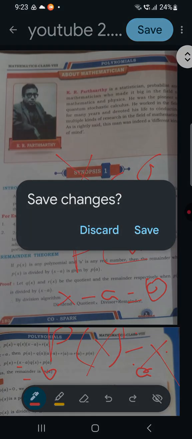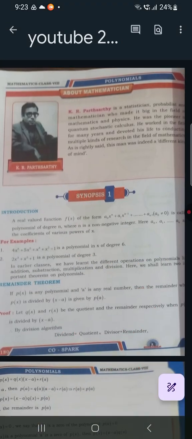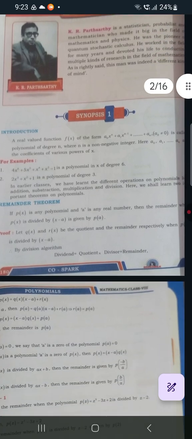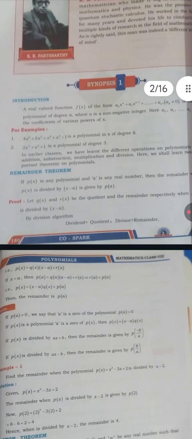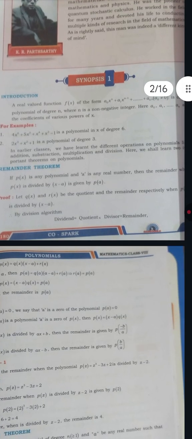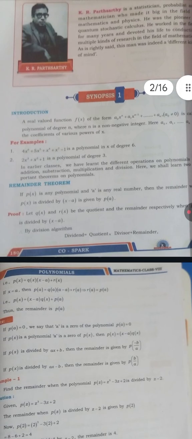I'm going to remove this. Sorry guys, my handwriting is not that good. I'm going to improve it with time. Here is the proof. I told it in a simple way, but you could read some proofs.